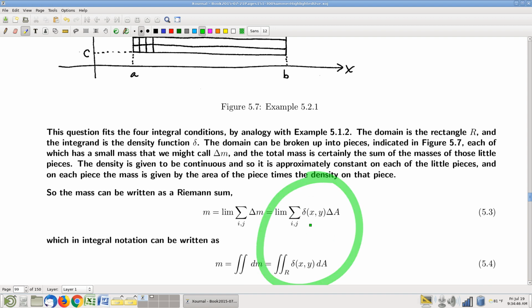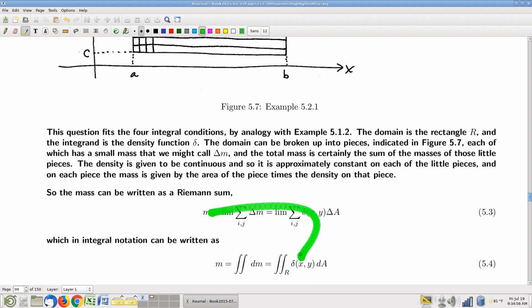This is straight up exactly the definition of a Riemann sum, aka an integral. And so that's the argument I'm going to make to compute mass with an integral. Now, of course, it remains to ask how we compute double integrals. We'll talk about that momentarily, but we have turned an application into a double integral.